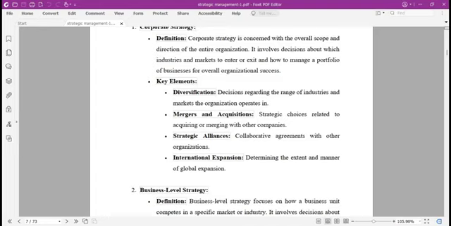We also have mergers and acquisitions. Here, strategic choices related to acquiring or merging with other companies. An organization that is doing well, that's a dominant force, over one that is not doing well in the market. What can be done is there will be a memorandum of understanding between both organizations.